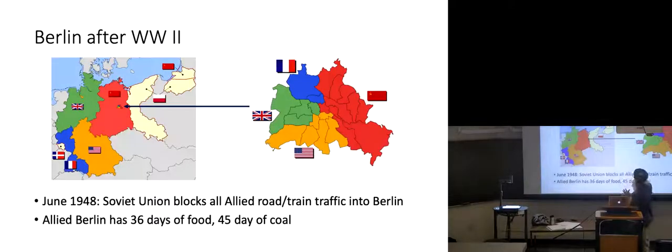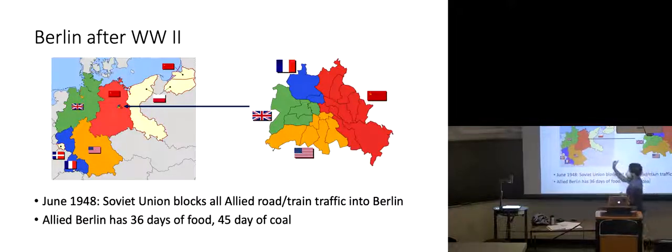This is a picture of Europe right after World War II. Does anyone know what the outline is? That's Germany, right? The Allies were primarily four countries: the Soviet Union, England, the United States, and France. They had divided Germany into four parts, each controlling one part.